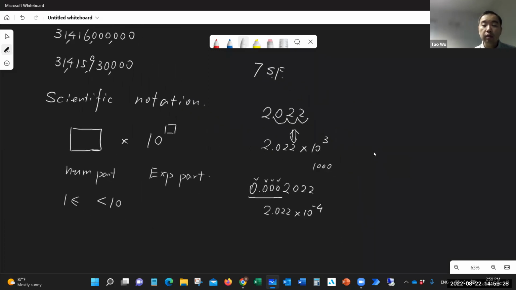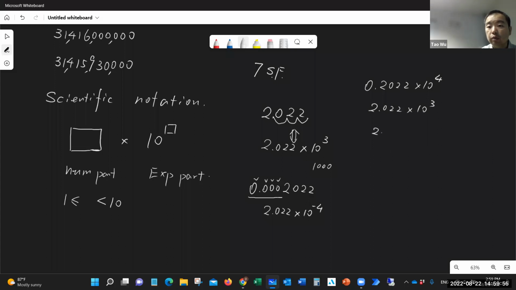I know you already know scientific notation, but in some cases people get confused, especially, okay? So let me write down this number, 2022. You can write 2022 as 0.2022 times 10 to the 4th. You can write 2.022 times 10 to the 3.